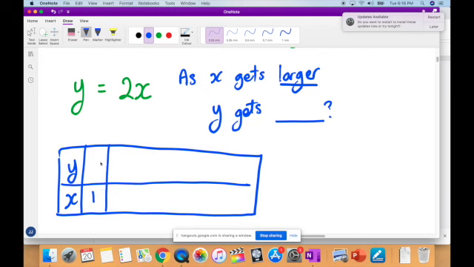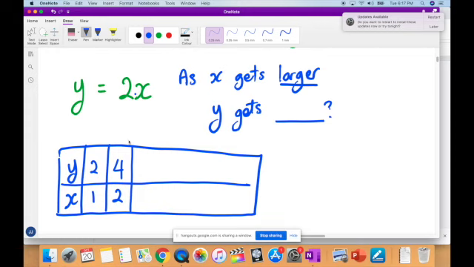So when x is 1, what will y be? 1 multiplied by 2, really. When x is 2, y is what? 4. Because x is 2, so 2 times 2, remember this 2x means 2 multiplied by x.